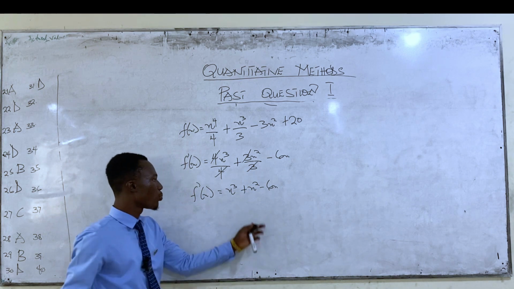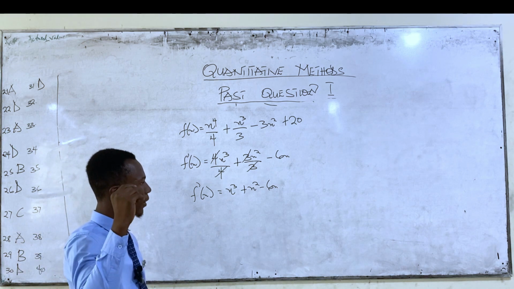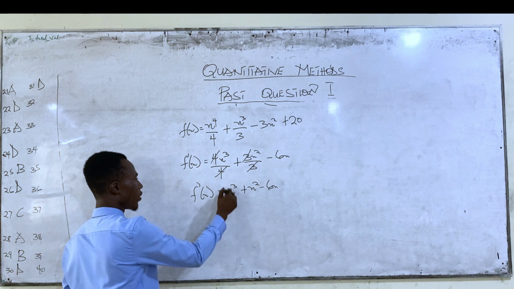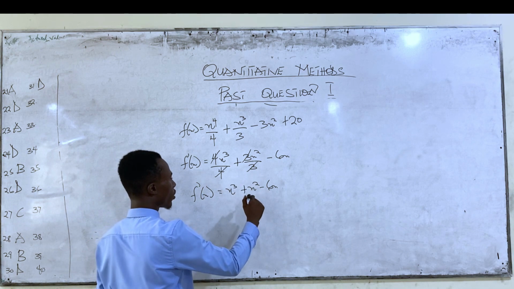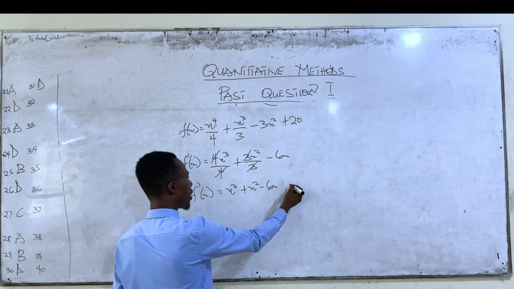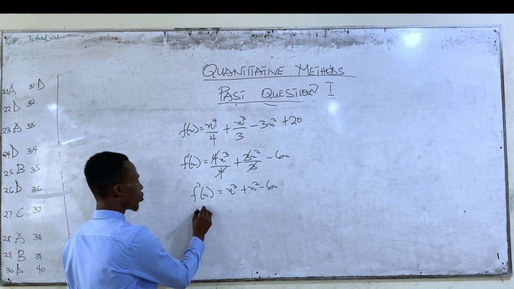6x. You put this on the calculator as a quadratic equation: mode, option 5, then option 4. You input the coefficient of 1, equal to, coefficient of 1, equal to, coefficient of negative 6, equal to, then here you press 0 because there is no constant, then you press equal to.